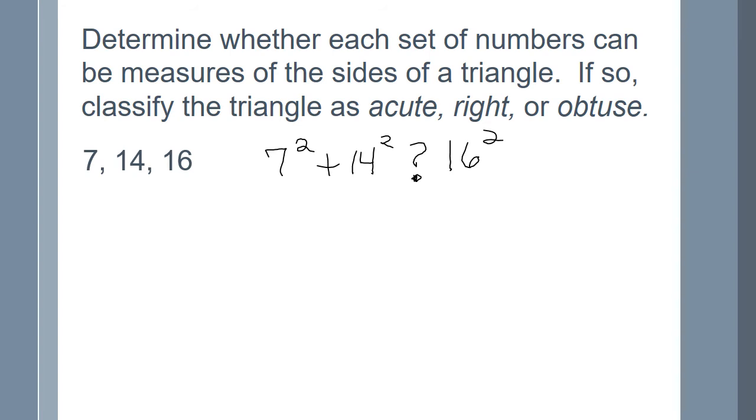So 7 squared is 49. And 14 squared is 196. And 16 squared is 256.